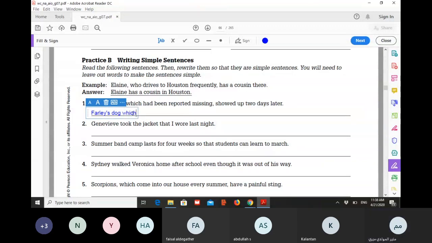You're done with it, I remember. Didn't we? I don't think so. I remember that we did it orally, and we said which ones are simple and which ones are not. Didn't we? Let me see.